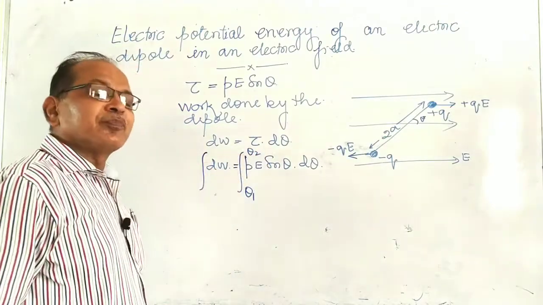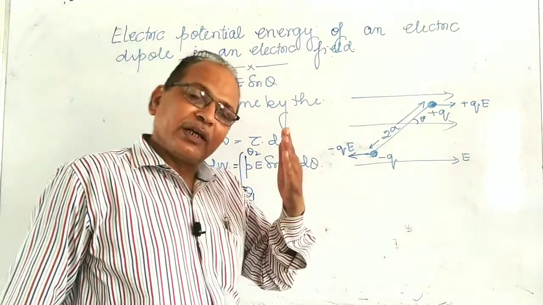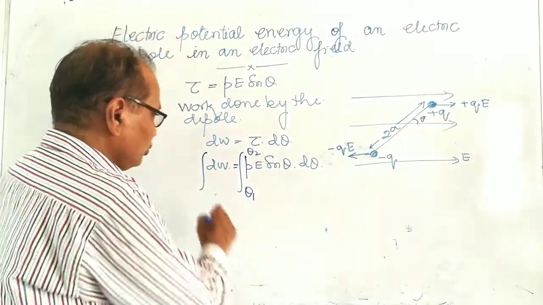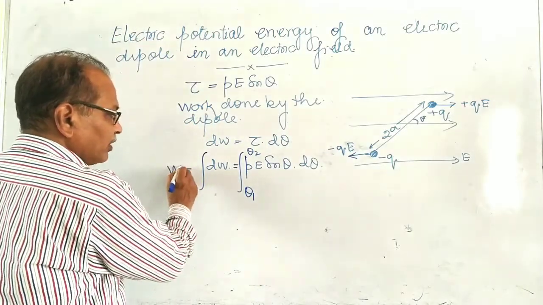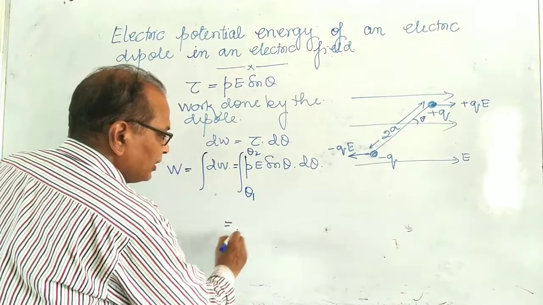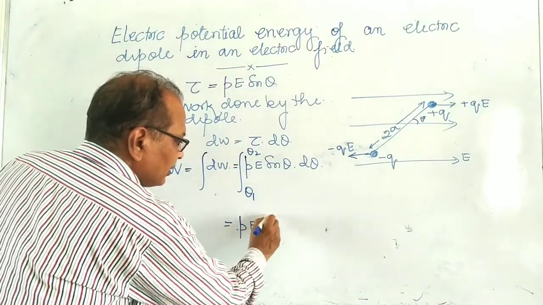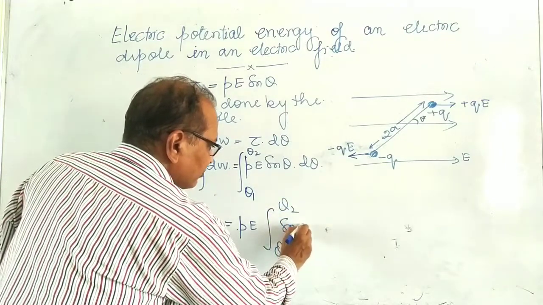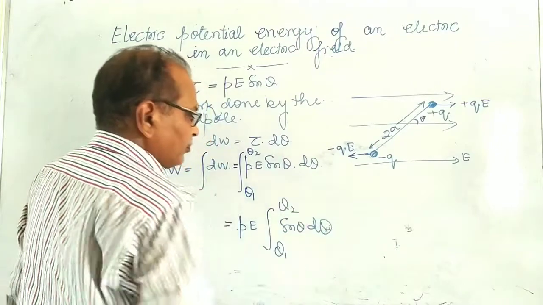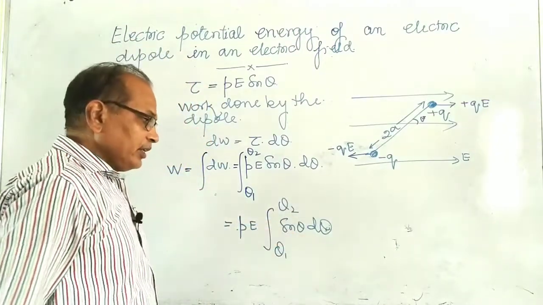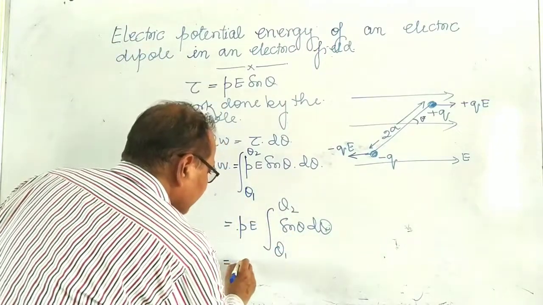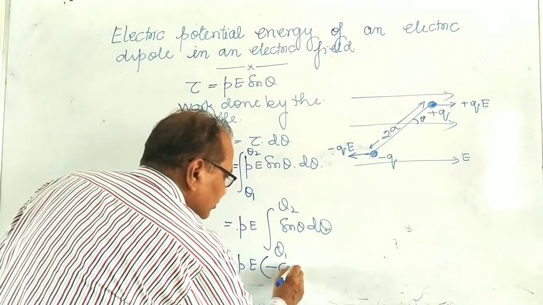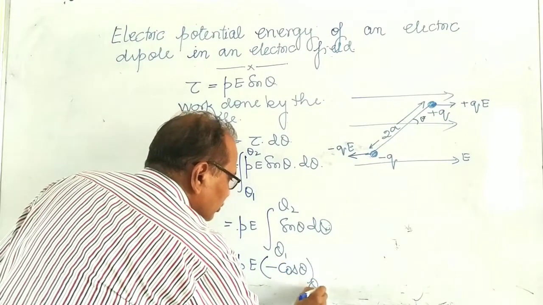That is, the dipole is rotating from angle theta 1 to angle theta 2. So the net work done W will be PE integration from theta 1 to theta 2 of sin theta d theta. On integrating sin theta, you will get PE times minus cos theta, from theta 1 to theta 2.